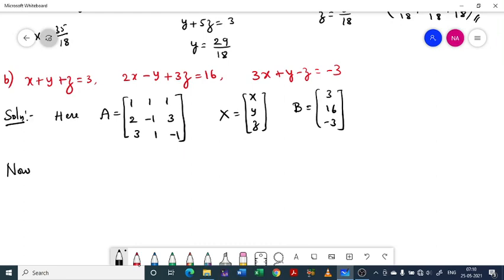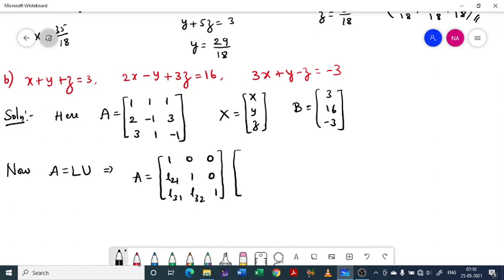Now A equal to LU implies A equal to, L means 1 0 0, L21 1 0, L31 L32 1, and U11 U12 U13, 0 U22 U23, 0 0 U33.